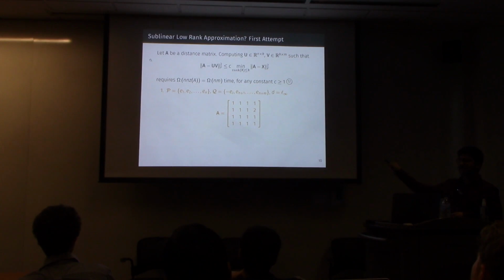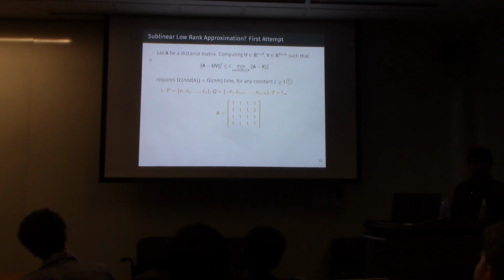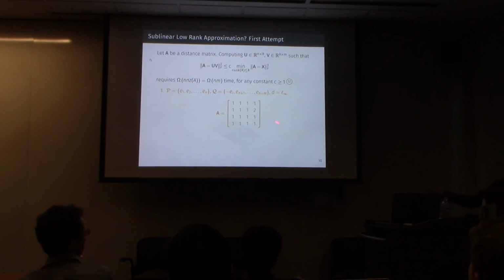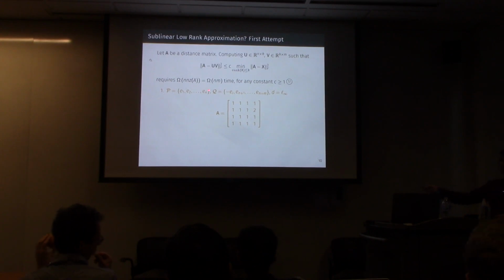L infinity is the maximum entry in your vector. Right, and like I said, it's not infinite, but I still need to find where this 2 is, because this is a rank 2 matrix. If I want to find the best rank k or rank 2 approximation, I better find this exact matrix.